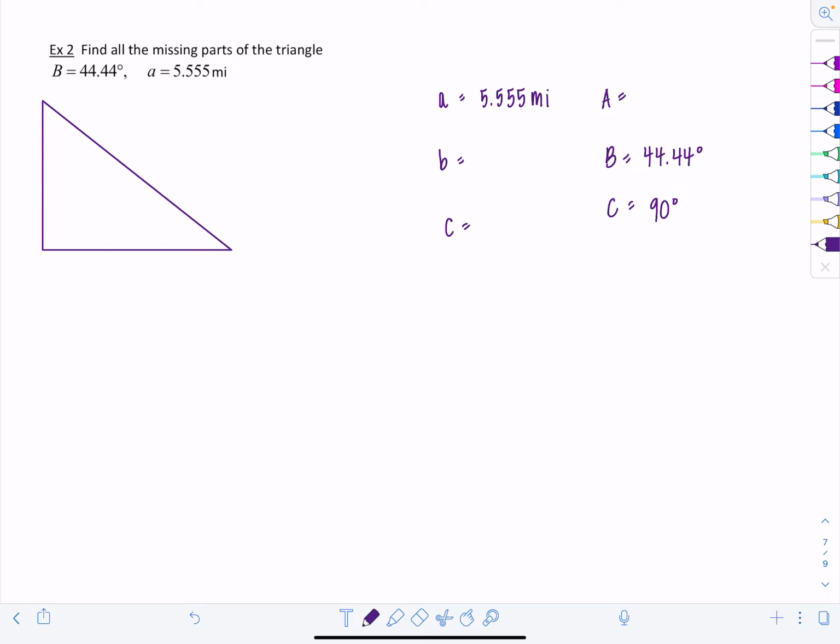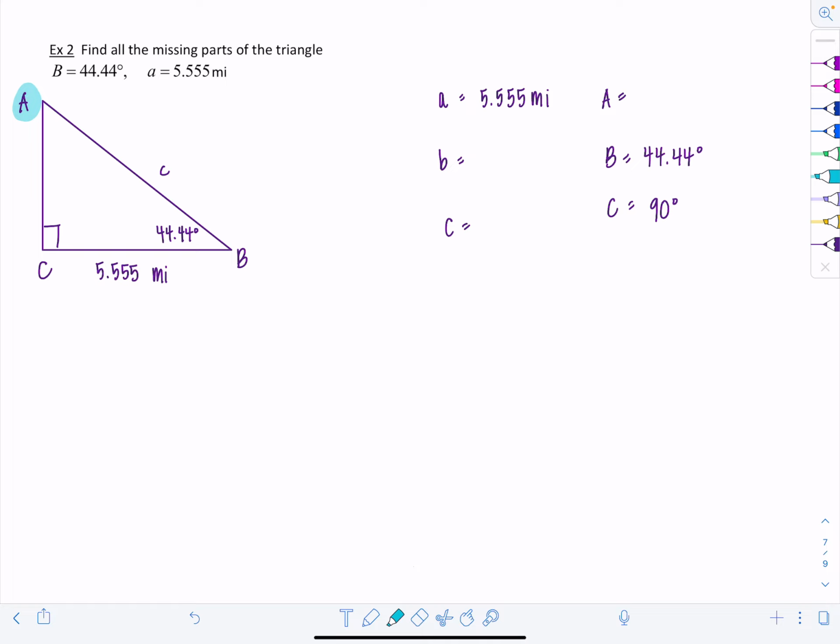All right, so here's angle C. I don't have side C. And then I'll say this is angle A, this is angle B. Angle B is 44.44 degrees. And I have side A, which is 5.555 miles. Okay, well, I can find angle A pretty easily. Why do I say that? Well, I know all of the angles in a triangle add up to 180 degrees.